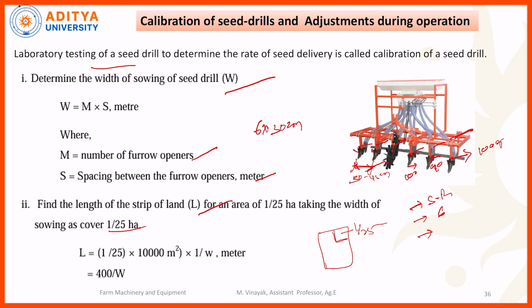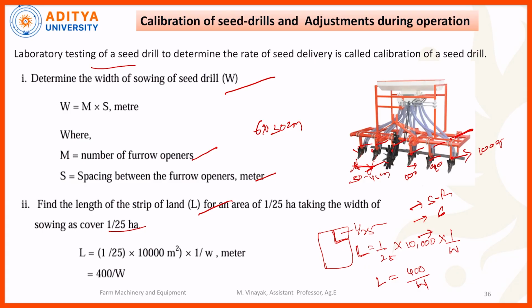To cover the 1 by 25th area, how much length is required? That is L. L equals 1 by 25 into 10000 meter square, which is the unit conversion of hectare to meter square, into 1 by W, the width of the seed drill in meters. Finally, the length of strip land is 400 divided by W.